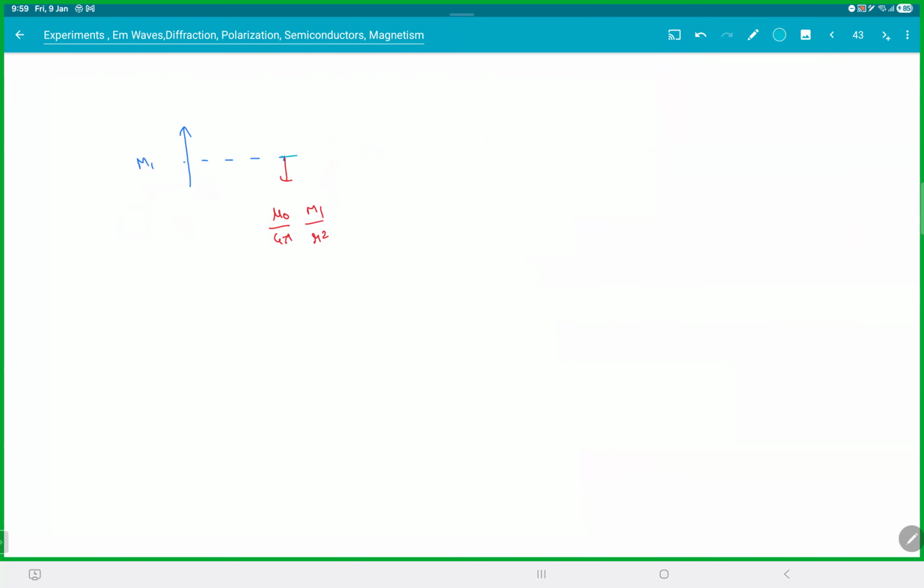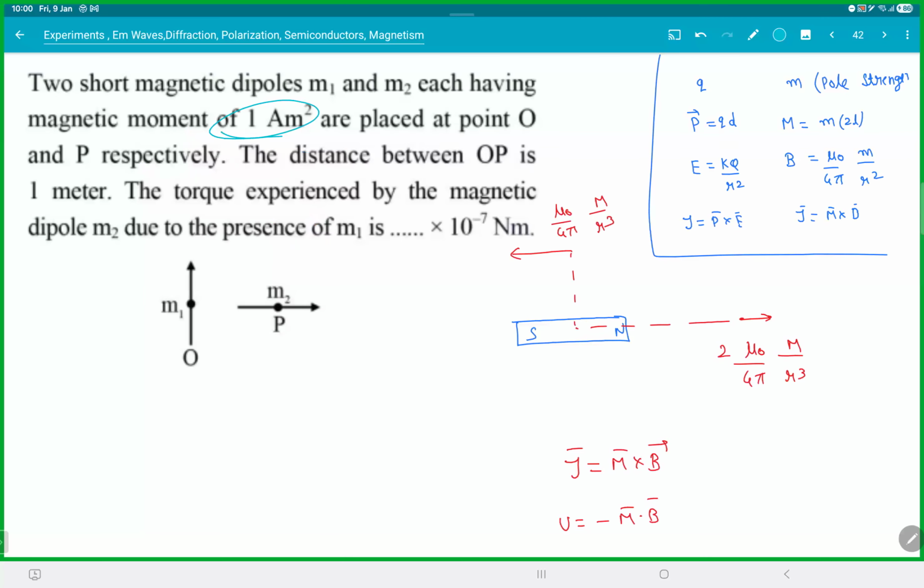And here the magnetic moment M2 bar is in this direction, both are 90. So torque is equal to M2 into mu naught M1 by 4 pi R square, that is mu naught M1 M2 by 4 pi R square. You know the values. M is given as 1 and R is equal to 1, and mu naught is 4 pi into 10 power minus 7. Substitute, you'll get the answer.